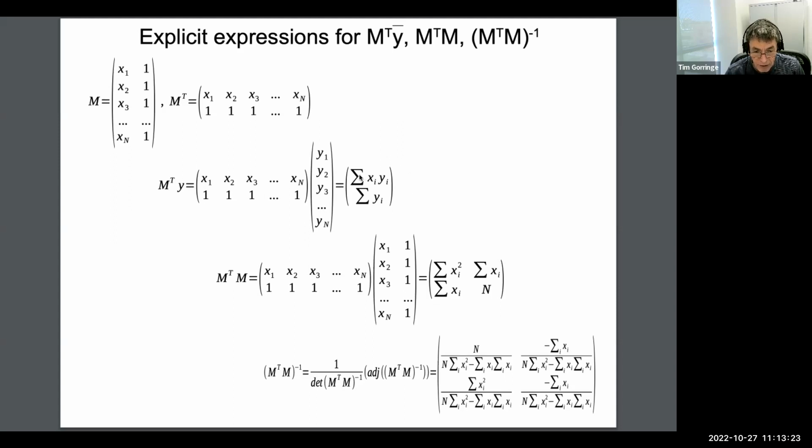So this product is just this little column vector here with two elements. You might remember that we saw this in our first derivation of the best fit values of M and C.